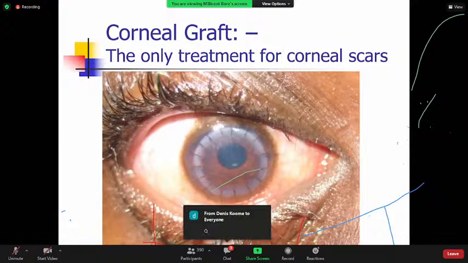If the scar is somewhere in this area, and you rotate it, it will come here away from the visual axis. That is a rotational graft, but it's not common.